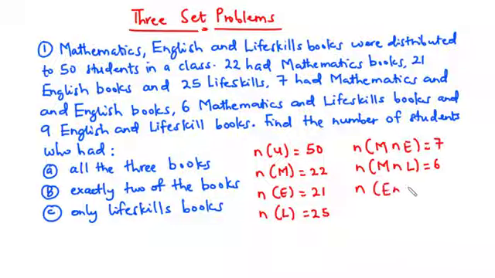Now let the number of students who had all the 3 books be X. So mathematics intersection English intersection life skill is X. Now let's represent this information on a Venn diagram. Afterwards, we are going to solve for A, B, and C.